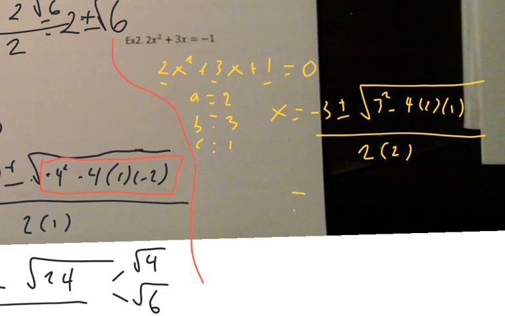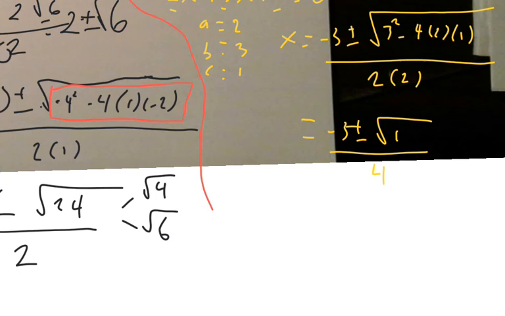Alright, so when you plug what's underneath the radical into your calculator, we should get negative 3 plus or minus the square root of 1 over 4, because 2 times 2 is 4. Alright, now we get to simplify, so we get negative 3 plus or minus the square root of 1 is just 1 over 4. Sometimes you can get lucky where the radical will reduce to a regular number, and that's when this problem gets really easy.